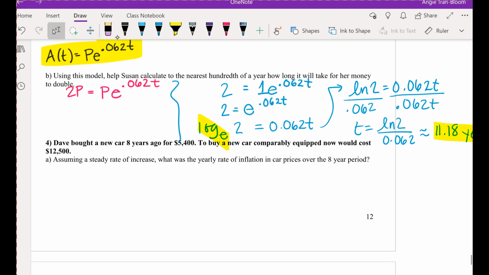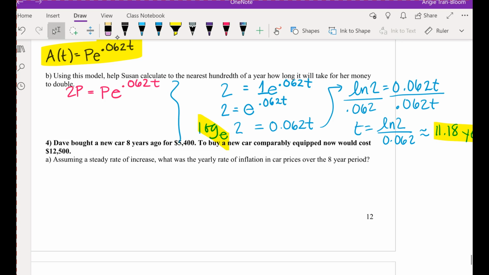Number 4. Saxon, help me read number 4, please. Dave bought a new car 8 years ago for $5,400. To buy a new car comparably equipped now costs $12,500. Thank you very much. So if we just got done reading the facts, is this car depreciating or appreciating?